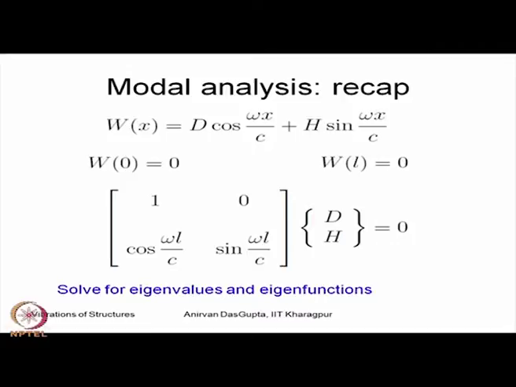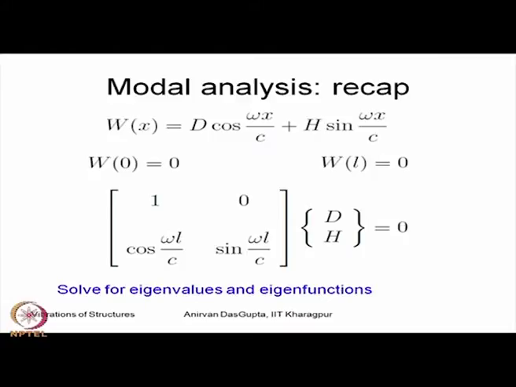Now, for non trivial solutions for d and h, we put the determinant of this matrix to 0, and that gives us the characteristic equation which we can solve for the eigenvalues. Putting back the eigenvalues in this vector equation, we solve for d and h, and we have the eigenfunctions.